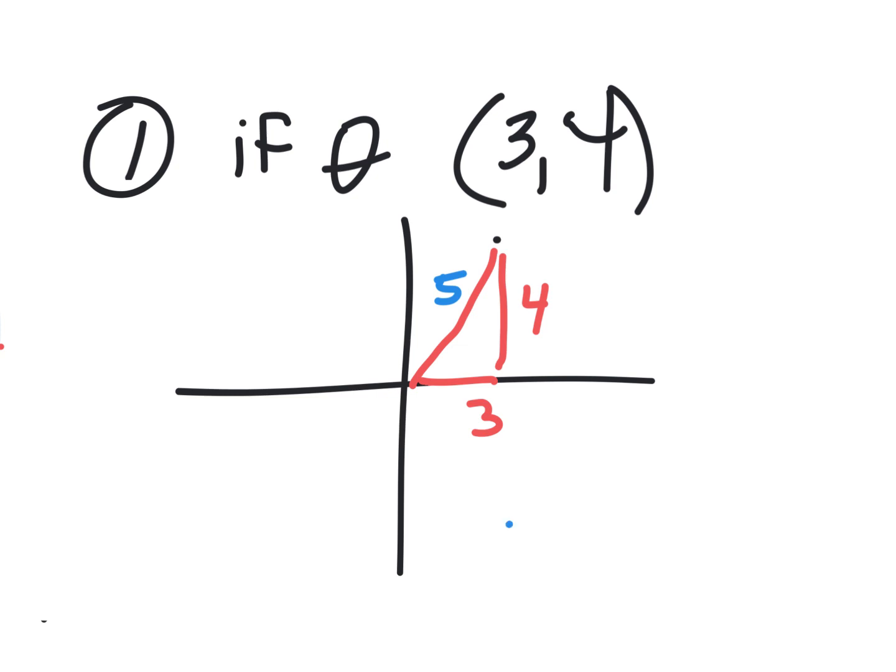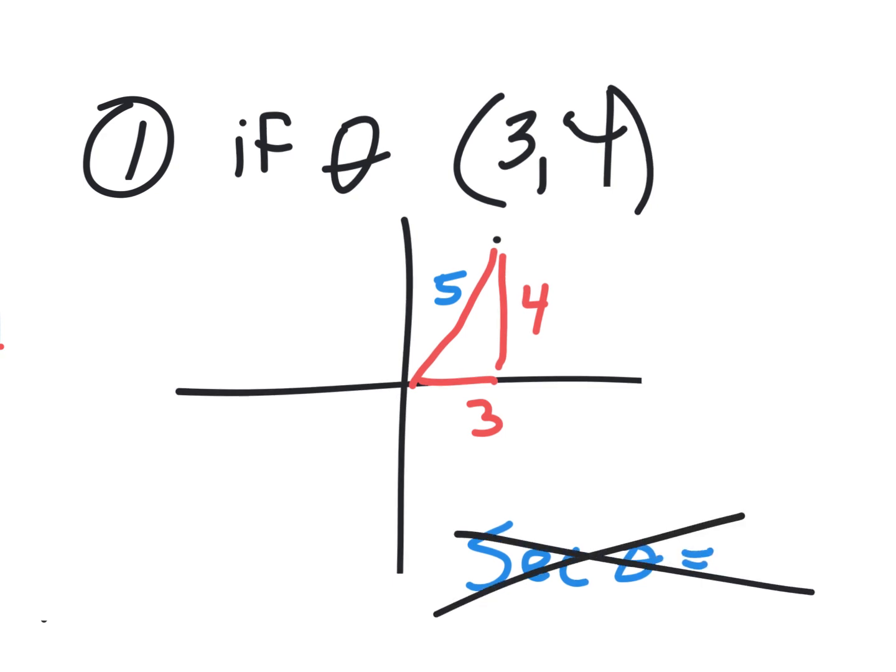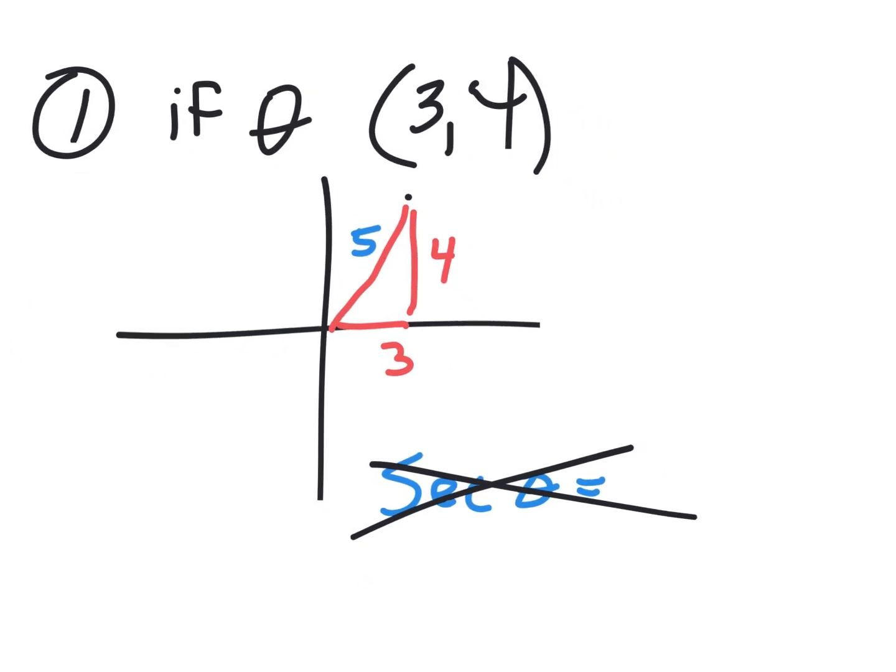Secant. Okay. I peacefully refuse to do secant. But I got to remember that when I do the other function, I got to flip not the angle, but the answer. So I'm going to say not secant, but I'll do the other one. What's the one that's like secant? Cosine. So I'm going to do cosine, but I'm going to put a 1 over just to remind myself that whatever I get, I got to flip it. So I can't just change secant to cosine. I got to remember to flip it. That's why I put the 1 over.